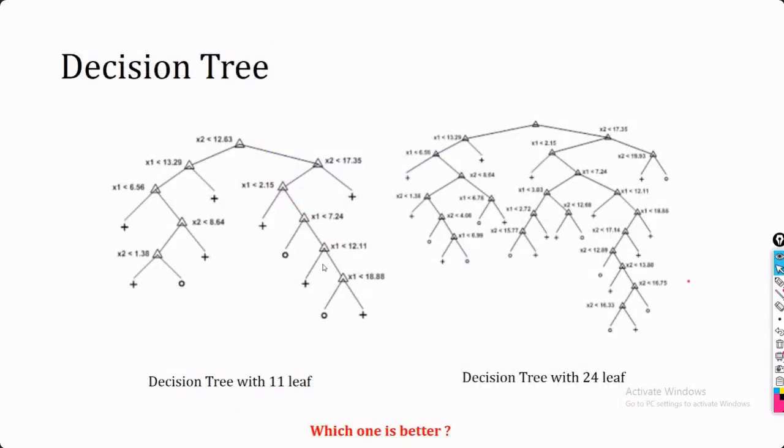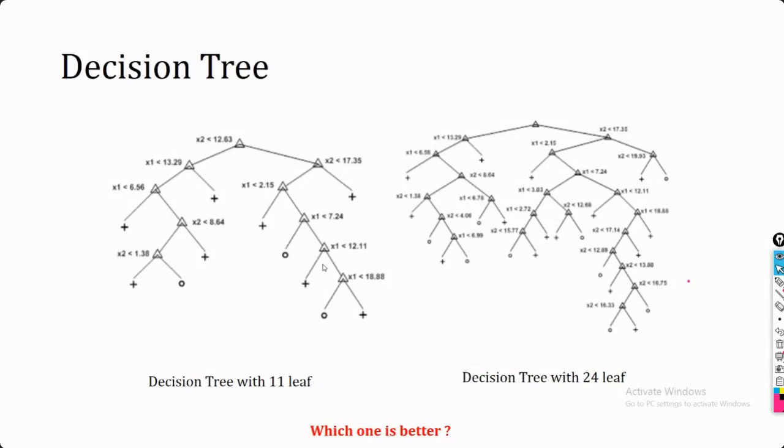Now if we define it in terms of your decision tree, how can we define the complexity? If your decision tree is very deep, then we can say it is a complicated one. It means that in order to classify or formulate the rule, we have to dive deep into your decision tree. Like if it is 100 or 200 levels, we need to pass through so many levels in order to reach the final decision.